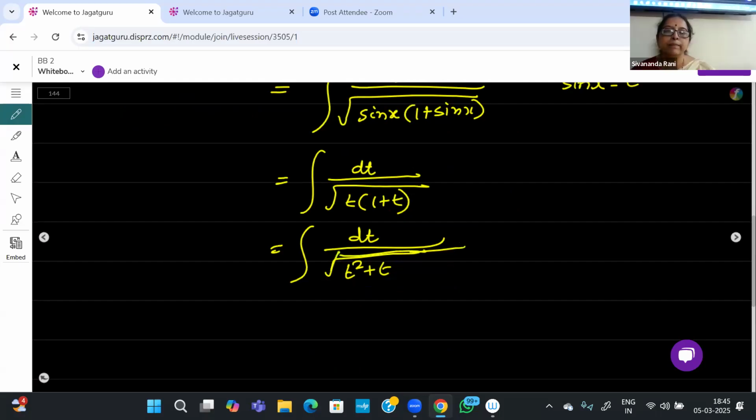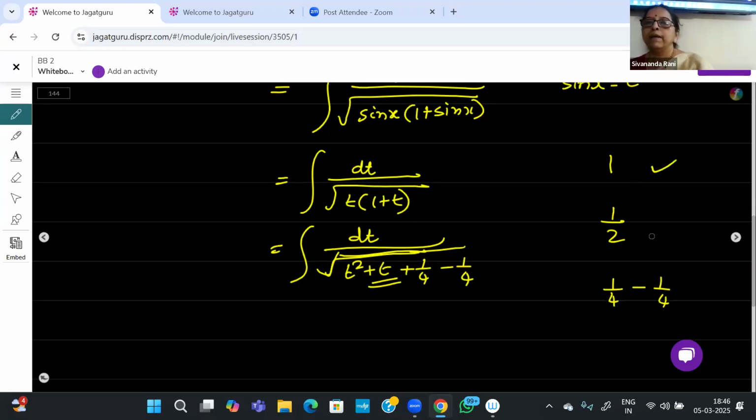All of you remember how to complete the square? Take the coefficient of the linear term, multiply by half, and then add and subtract its square. So that would definitely complete the square.